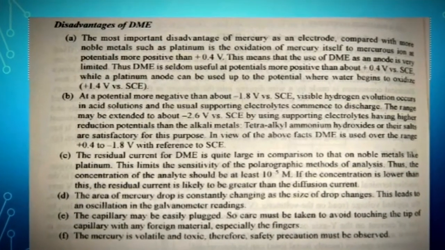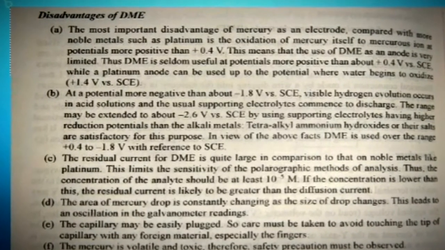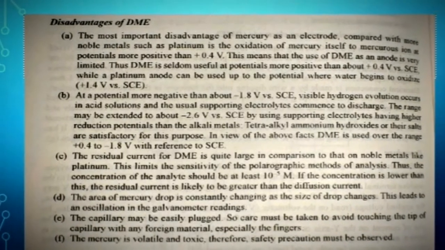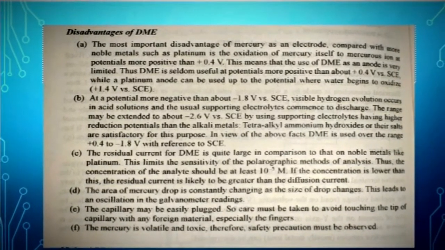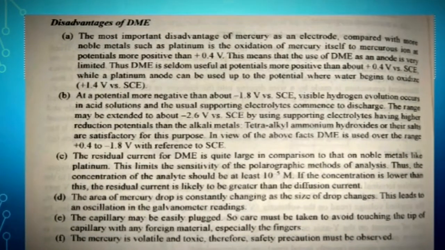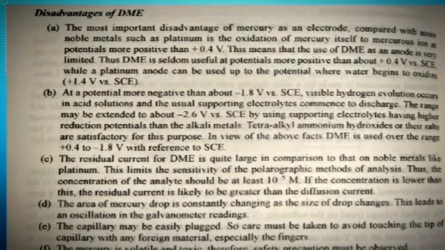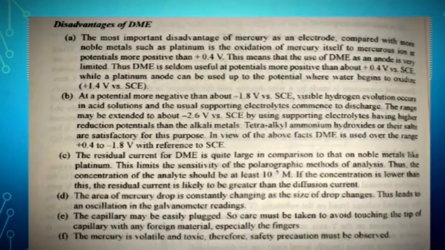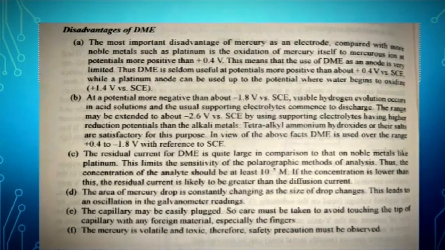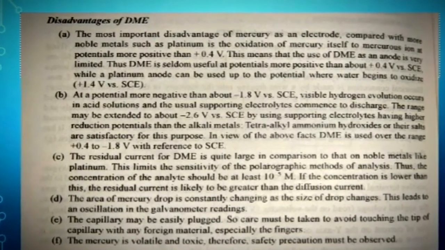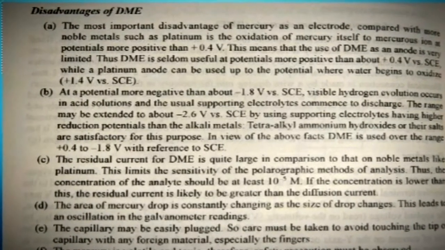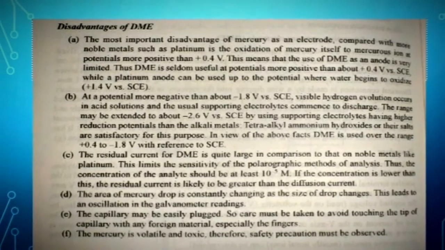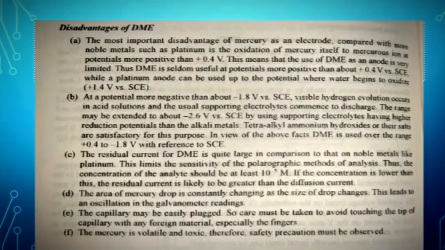When this negative potential is more than minus 1.8 volts, there will be hydrogen evolution, because it's already an acidic medium. When the potential is more than minus 1.8, more hydrogen will be evolved and this will interfere in the whole procedure. So that's the second point.